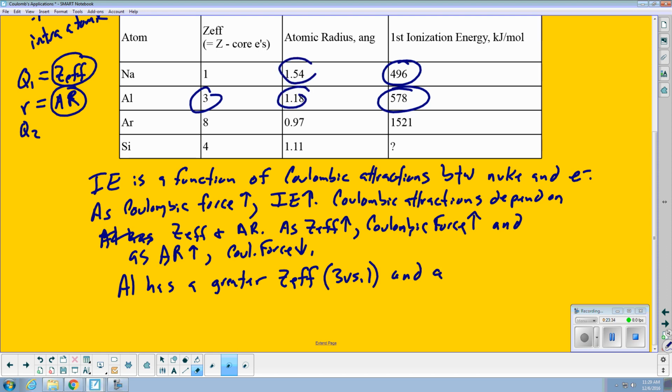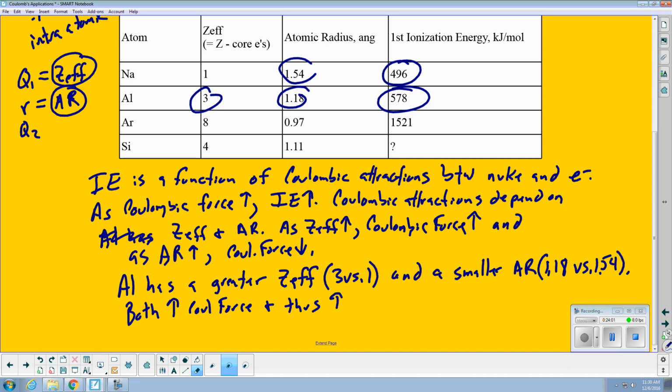It has a smaller atomic radius, 1.18 versus 1.54. Both increase the Coulombic force and thus increase the ionization energy. There you go. I would say that is a reasonable answer to the question.